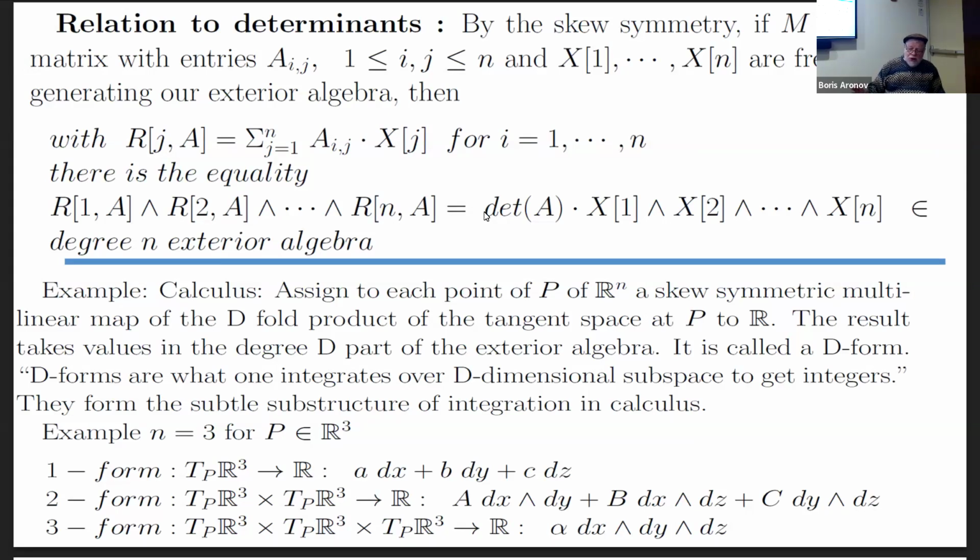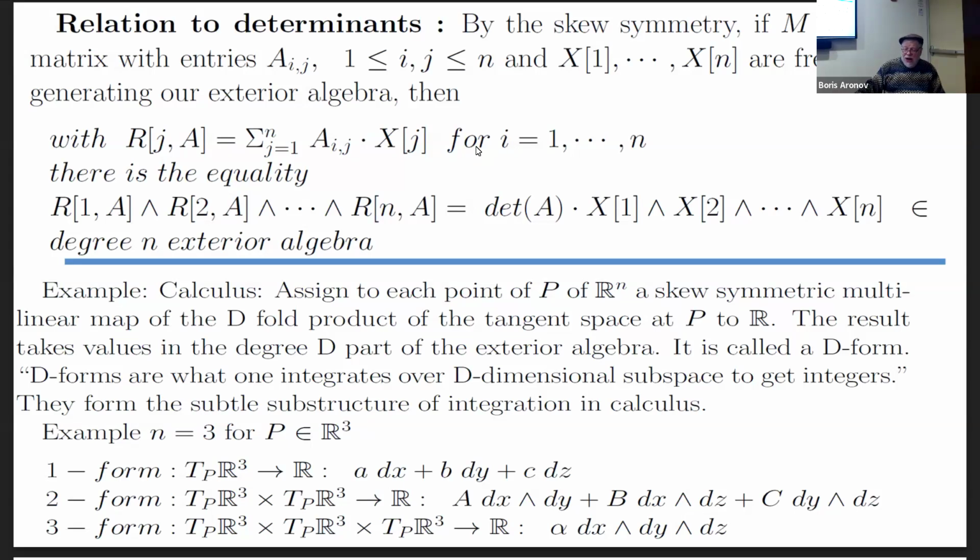Okay, so determinants have the same kind of skew symmetry. So it's not hard to see that these are related. In particular, if M is an n by n matrix with entries Aij, and you have a bunch of free variables generating your exterior algebra, then if you look at what the matrix A does to the variables xi, that's written in this equation over here, as a sum.